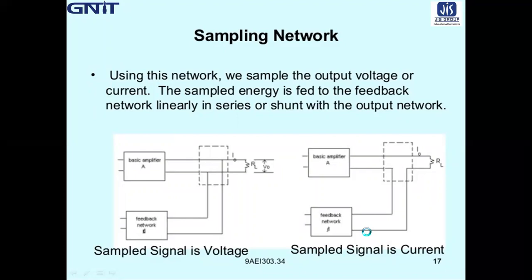So with the combination of series and shunt mixing at the input stage, and voltage sampling and current sampling at the output stage, with the combination of four different possible sampling and mixing connections, we get a total of 4 types of topologies.